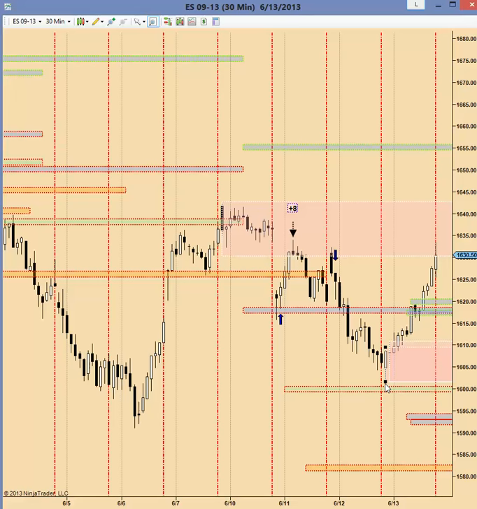You're looking at buying 1609 and taking that up to 1631 or 32 or 1633 even. So this is easily a 20-point trade if you take the aggressive route and buy this one and then sell up here.